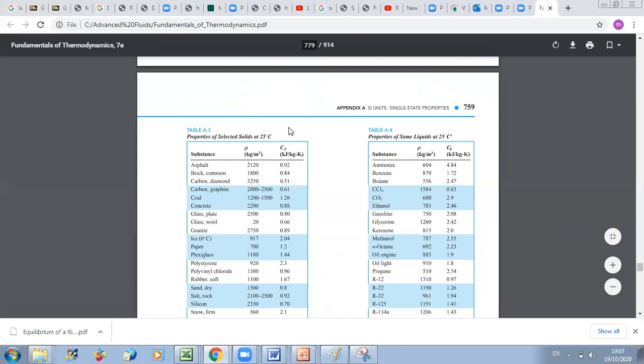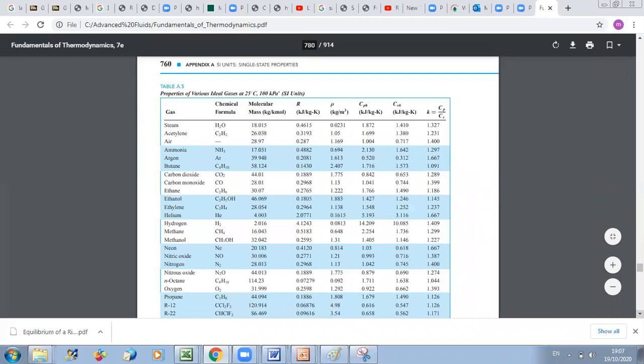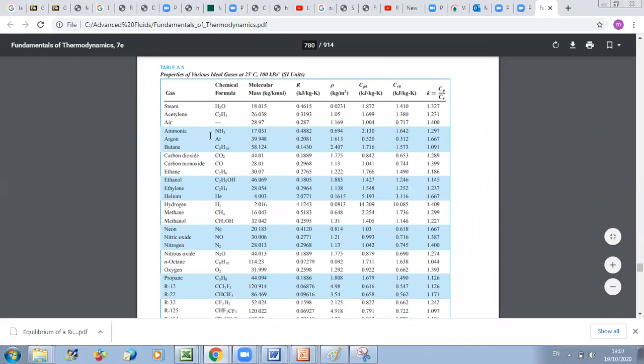For example, here you have this table for properties of solids at 25 degrees. They give you the density and the specific heat. Now, in this course, we will not deal a lot with solids, so we are mainly interested in liquids and fluids. For these tables, you might use, for example, table A5 for different ideal gases.